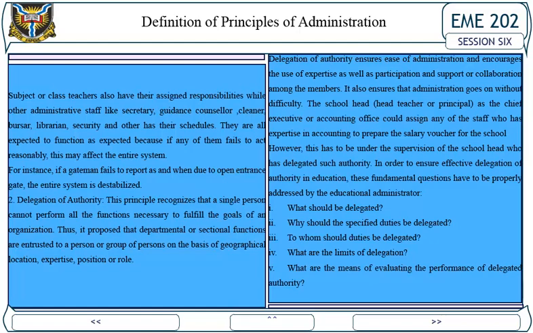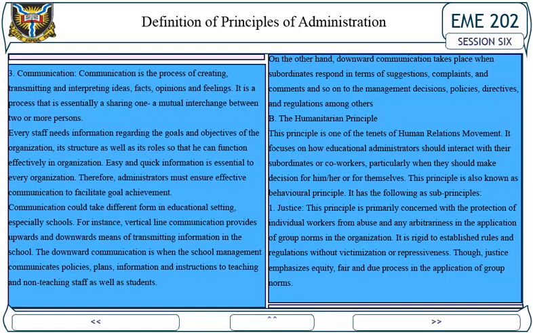In order to ensure effective delegation of authority in education, these fundamental questions have to be properly addressed by the education administrator. 1. What should be delegated? 2. Why should the specified duties be delegated? 3. To whom should duties be delegated? 4. What are the limits of delegation? 5. What are the means of evaluating the performance of delegated authority?